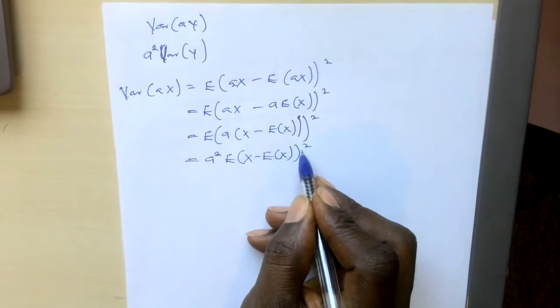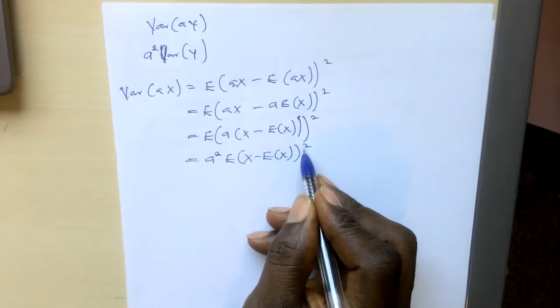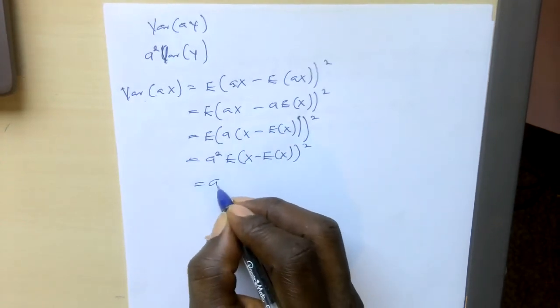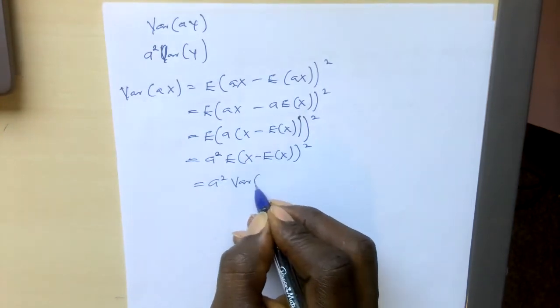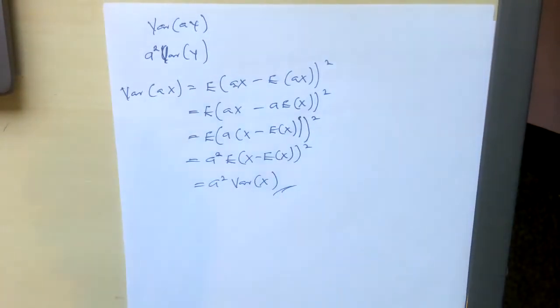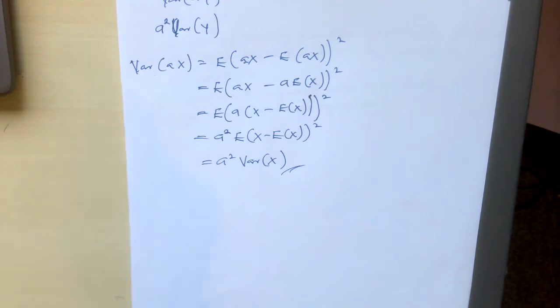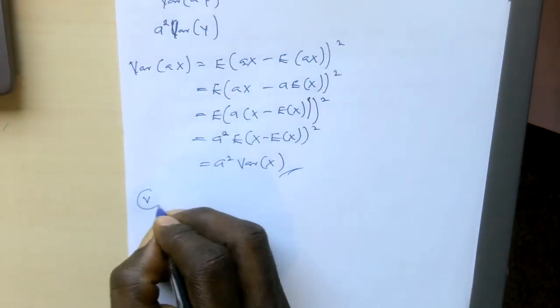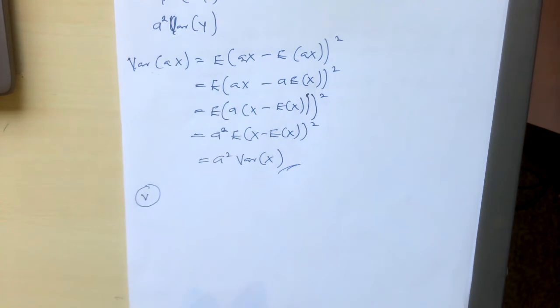As you see, this is the main formula for variance, so we have a squared times the variance of x. So that's also proved. Then we know that the variance of a constant is 0. Now let's move to the next part. Where's the question?